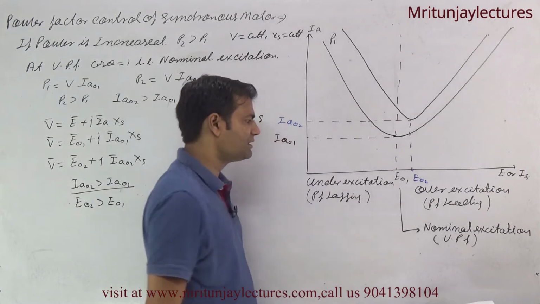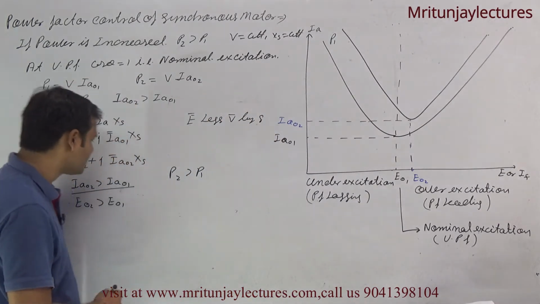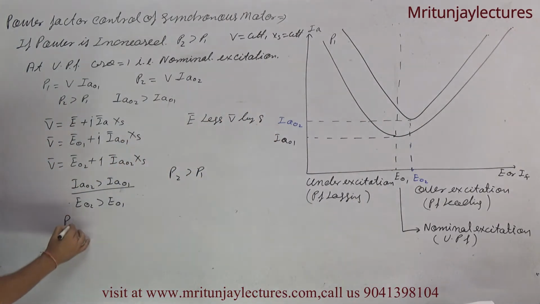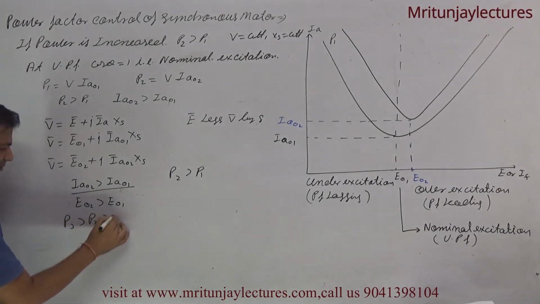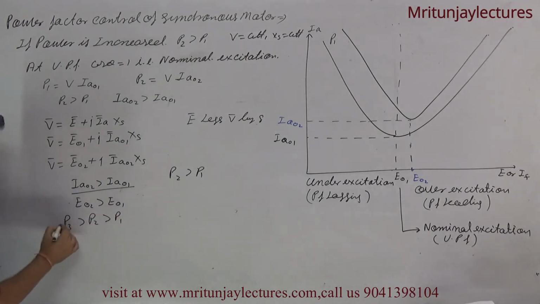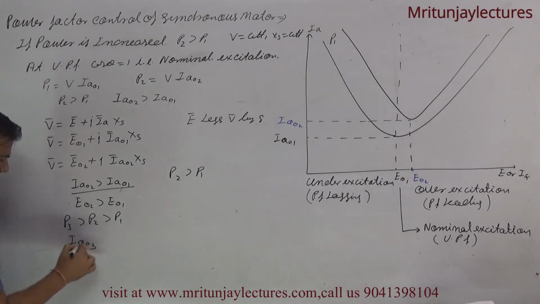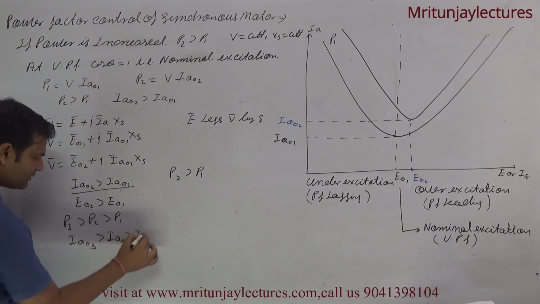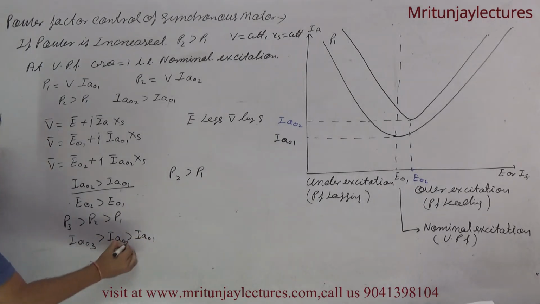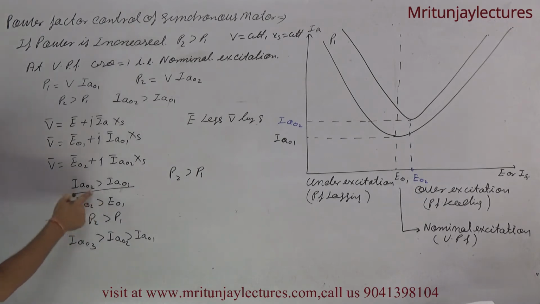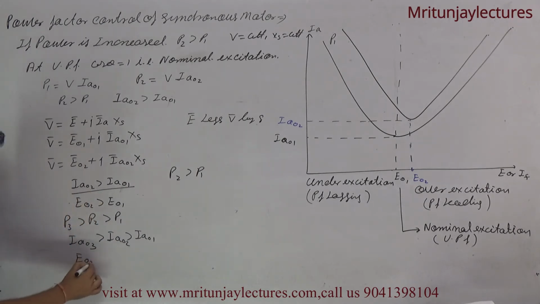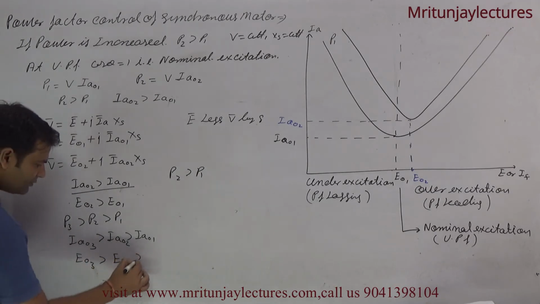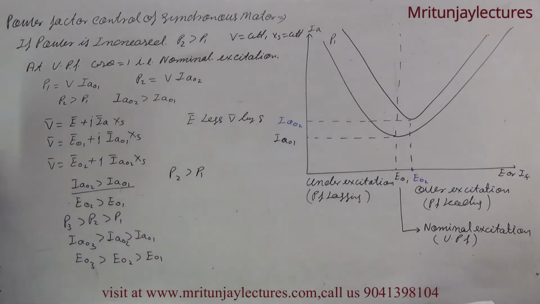We are focusing step by step. Once again, if power increases to P3, where P3 is greater than P2, which is greater than P1, then the nominal excitation current is also greater. And what about voltage? It is the nominal excitation voltage E03.